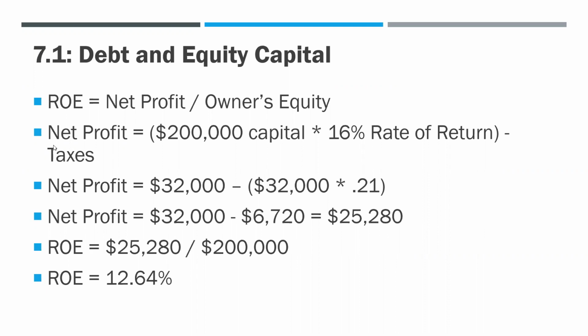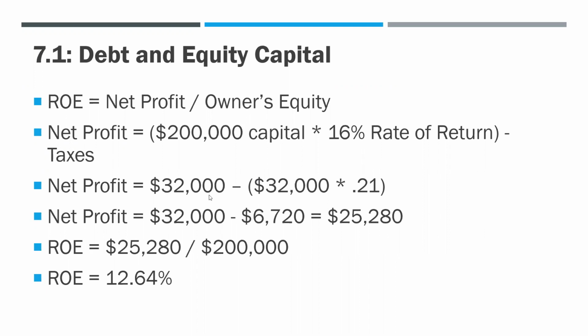So going through and doing the number crunching, $32,000 is the base of our net profit, which is 200,000 capital times the 16% anticipated rate of return. From that, we'll subtract our taxes, which would be 21% of our net profit before taxes.